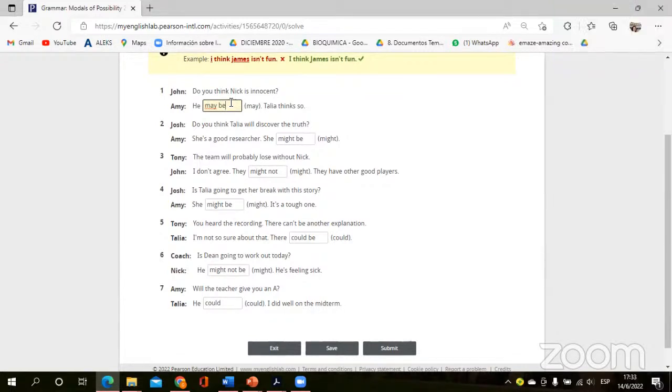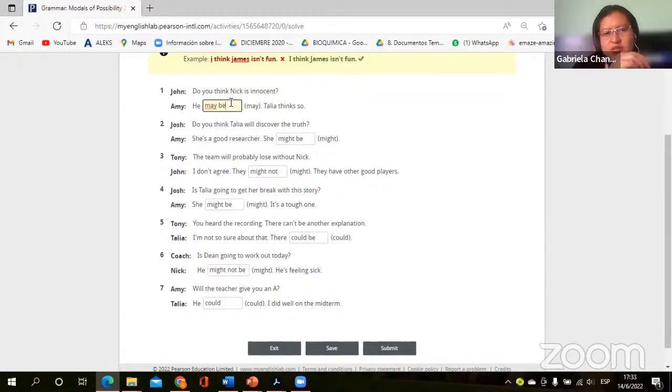The possibility plus verb in base form as complement, or only may, might, or could?